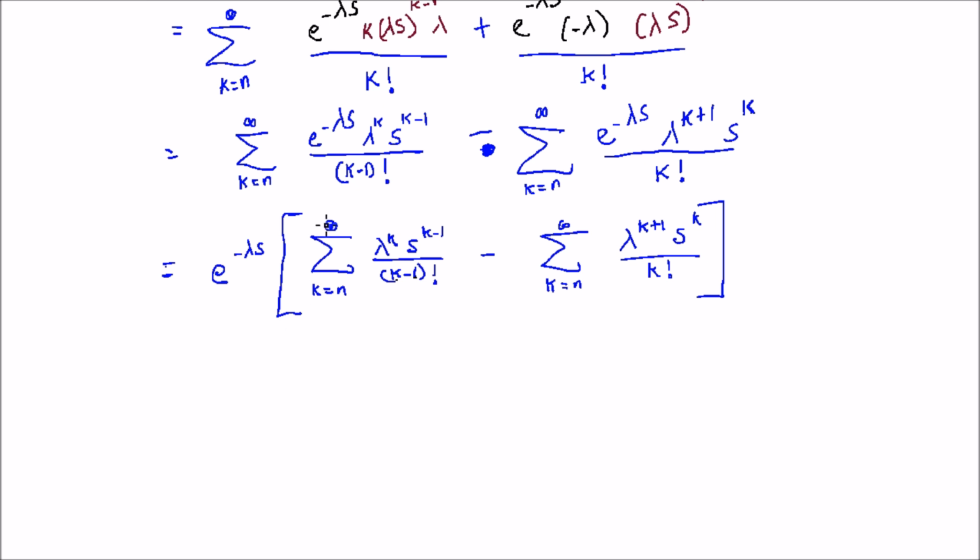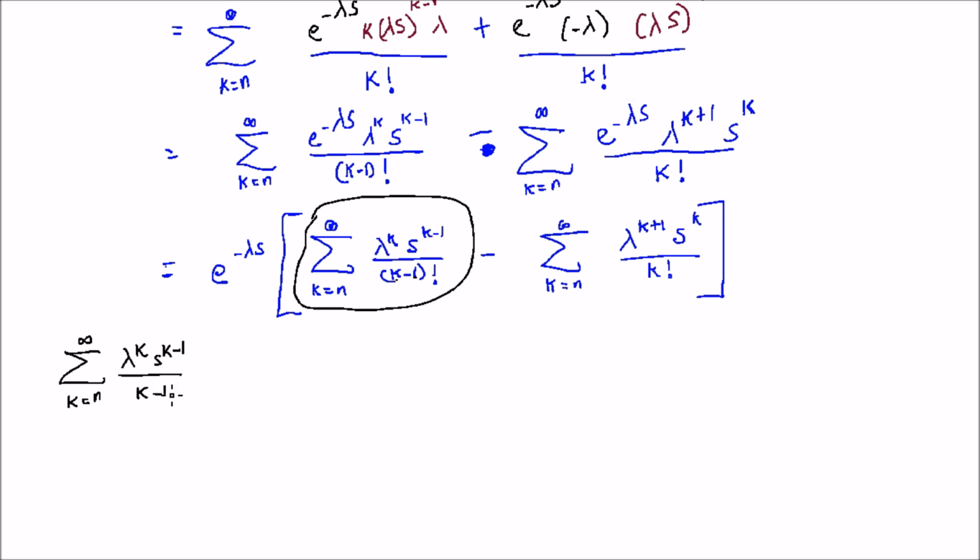If we take this first summation and try to expand it, what do we get? That's the sum k equals n to infinity of lambda to the power of k s to the power of k minus 1 divided by k minus 1 factorial. Now, if I plug in the first value, n, what do I have?